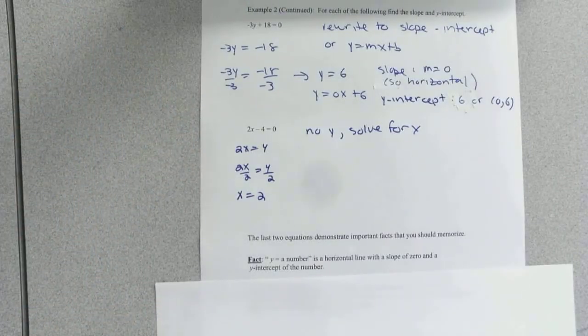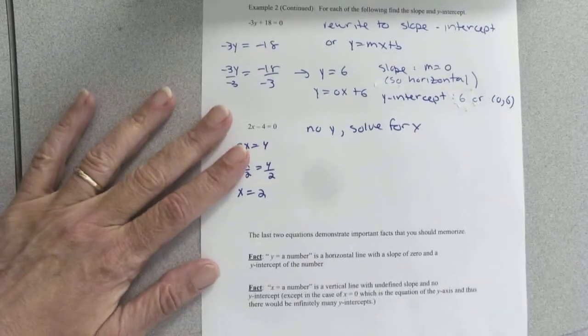And then again, if there was a classroom of people here, I would say, well, if y equals a number was a horizontal line, what must x equals a number be? And usually people know the answer, that if y equals a number was horizontal, x equals a number must be vertical.